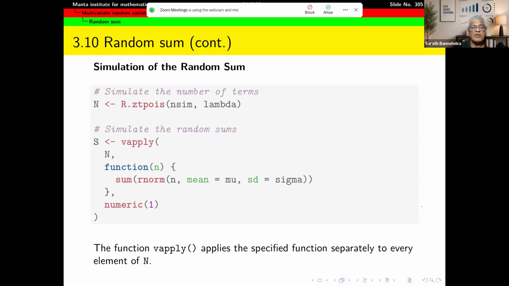S1 will be, for example, the sum of the first number of normal random numbers from the normal distribution with mean mu and standard deviation sigma. And then S2 will be another number, S3 will be another number. So using this code, we can simulate the random sums, 10,000 random sums. The function applies the specified function separately to each element of N.